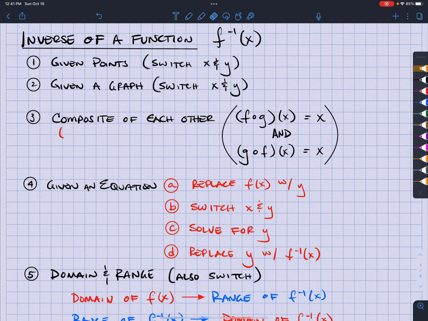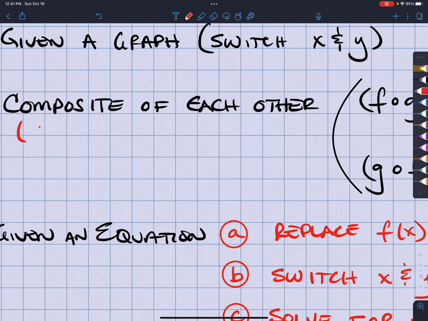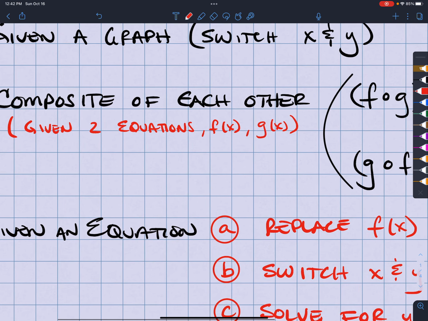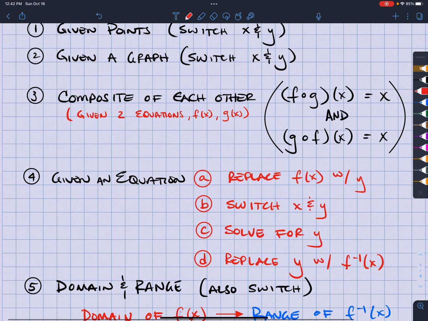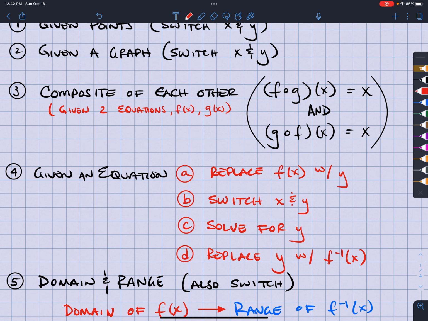Given two equations, f of x and g of x, if they want you to prove that these two equations are inverses of each other, you'll have to do f composite g of x, and that should come out to be x.